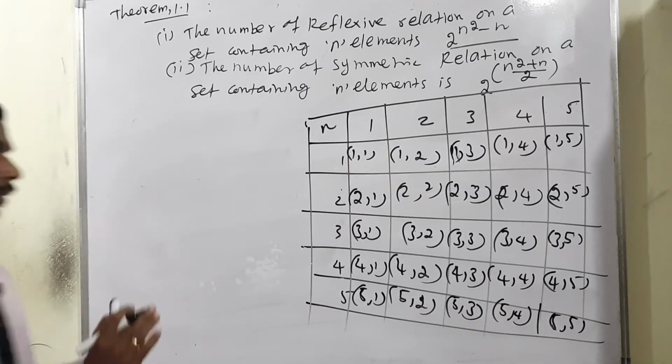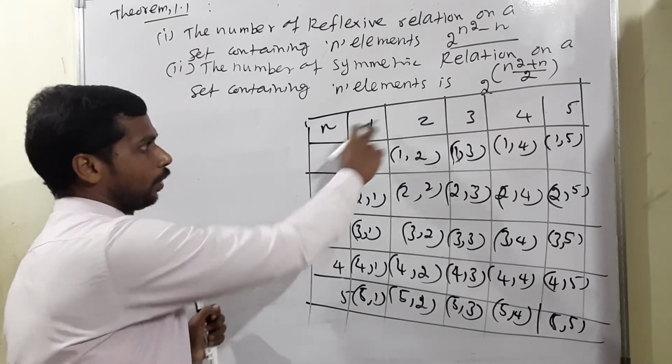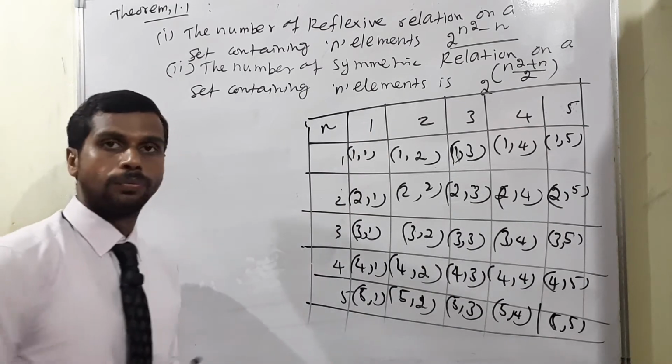So just consider 5 into 5, isn't it? 1 into 1, 2 into 2, 3 into 3, 4 into 4, 5 into 5.